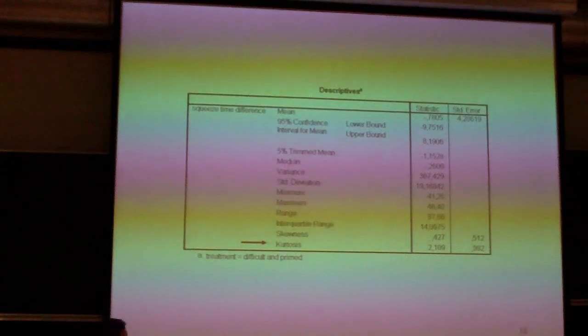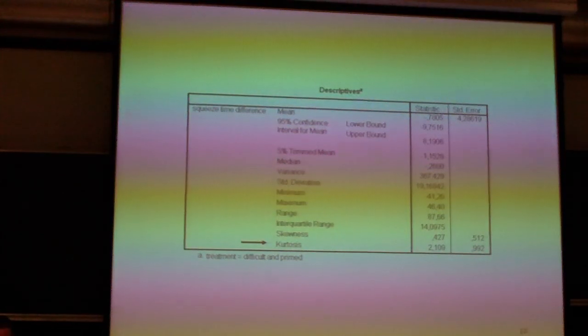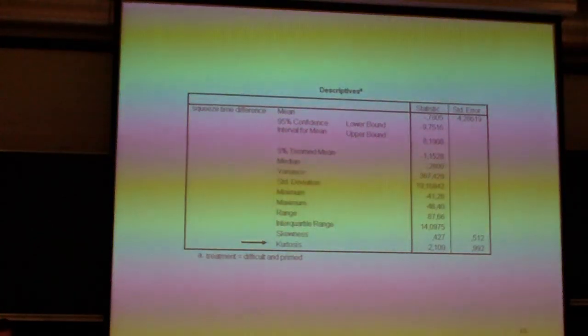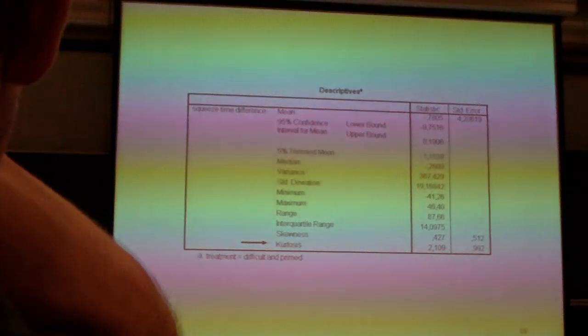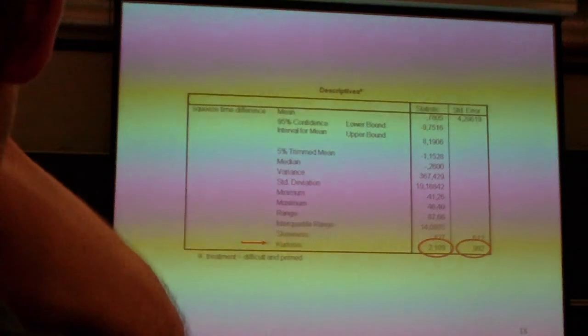And if we form an interval by taking 2.1 minus 2, we get a lower number which is positive, and we get an upper number which is also positive, so the value 0 is not in that particular interval, and that accounts for the fact that the normality tests indicate that it is unlikely that this particular distribution comes from a normally distributed population. It has to do with the fact that this particular distribution is more peaked than you would expect.